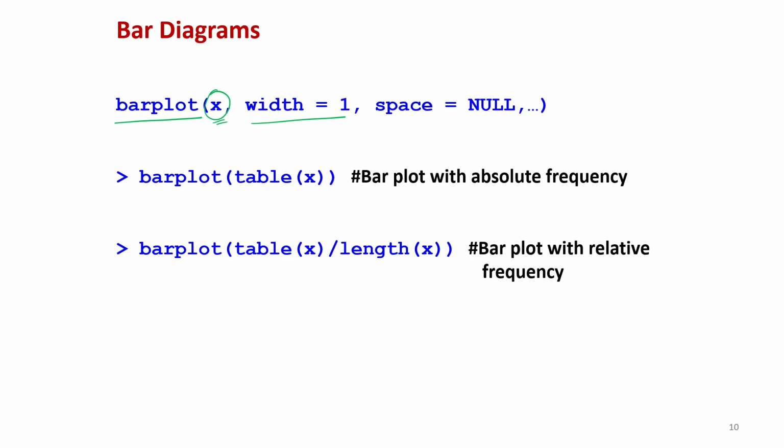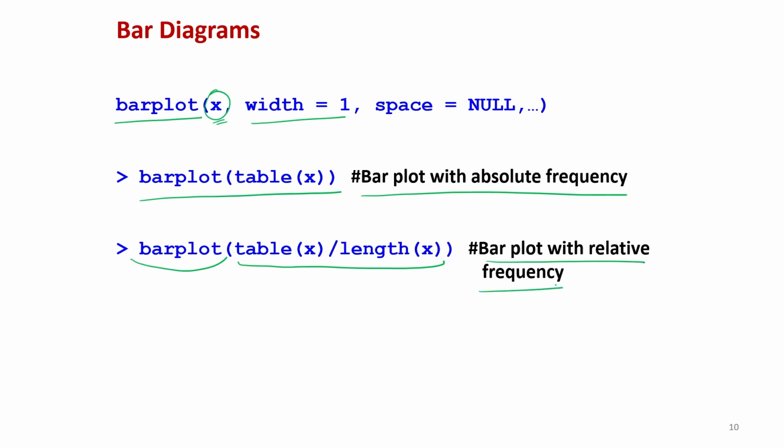So it is a better option that if x is the raw data, then we should write barplot and inside the parenthesis table(x). This will create a bar plot with the absolute frequencies, and if you use table(x) divided by length(x), then it will compute the relative frequencies, and if you use barplot over it, this will create a bar plot with the relative frequencies.